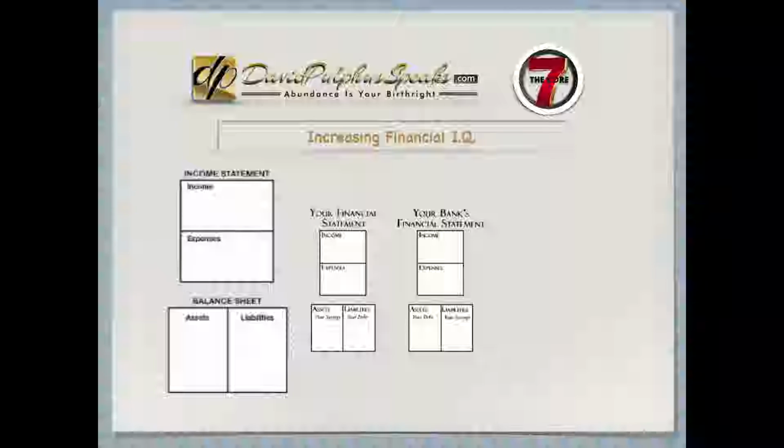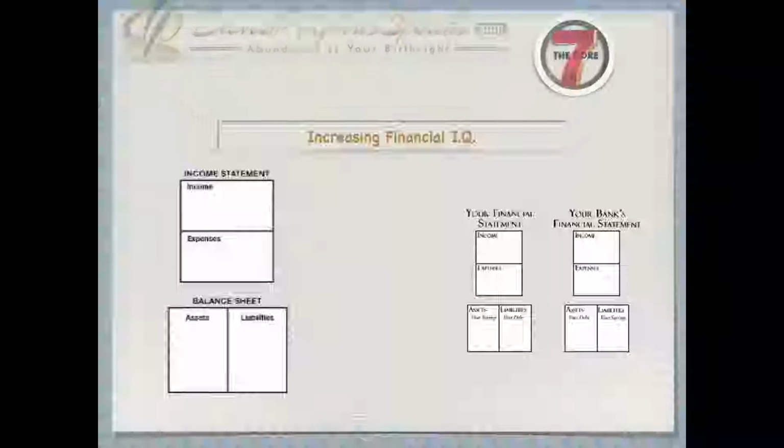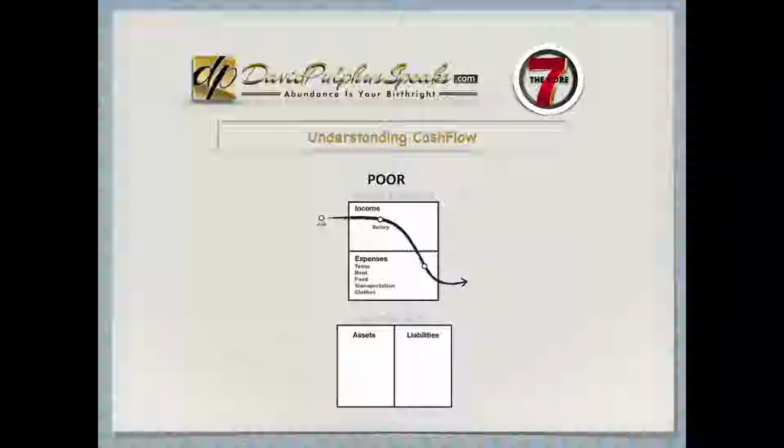You need that yin and yang that will complete each other. All right, so we're going to look at how cash flows. It's important to understand what cash you have that you work hard for and how it's flowing. All too often, we never give this much thought, but it's critical to your success if you're trying to get to your final destination, which is wealth.